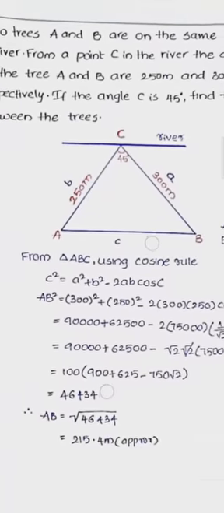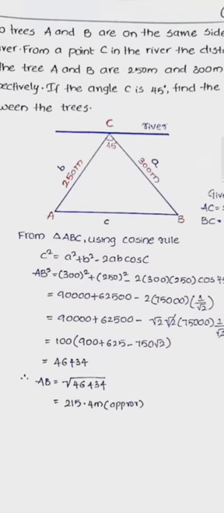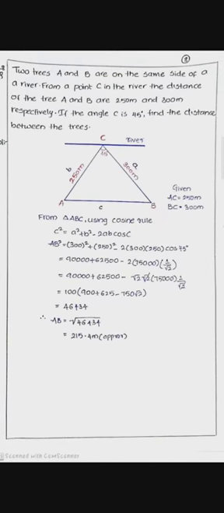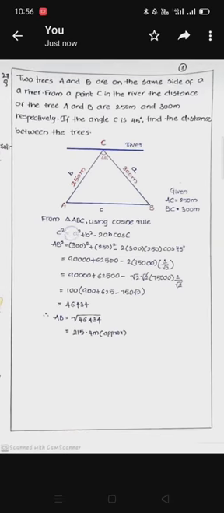So let us observe the cosine rule for the triangle ABC. We need to find small c. So c square is equal to a square plus b square minus 2ab cos capital C, where capital C is the angle. Now we are substituting the values.